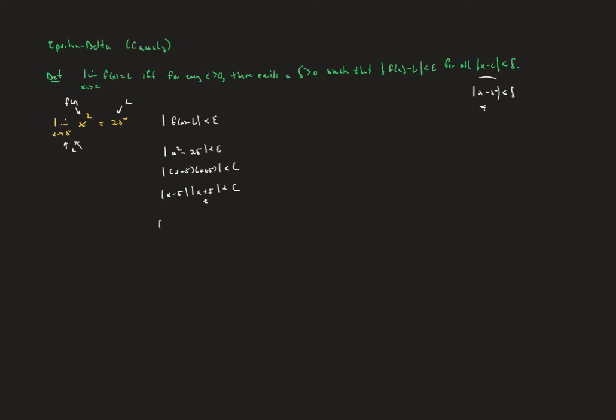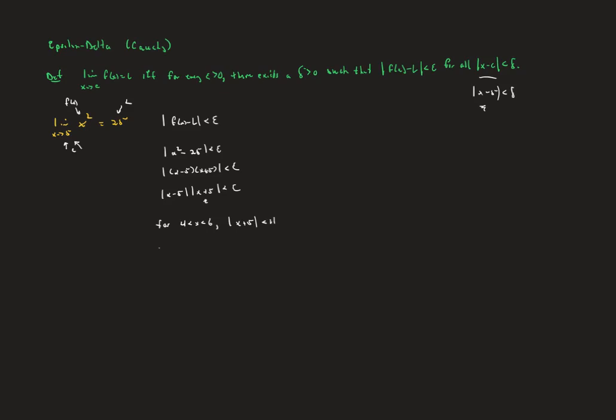And so I'm going to say for 4 less than x less than 6, then the absolute value of x plus 5, which I want to get rid of, on the interval from 4 to 6, the biggest that x plus 5 can be is when x is 6, and that will make it 11.